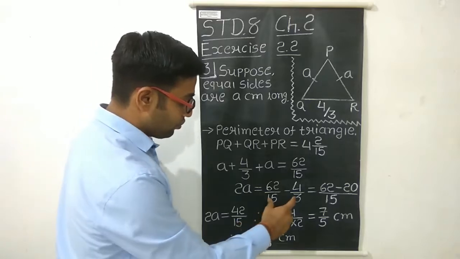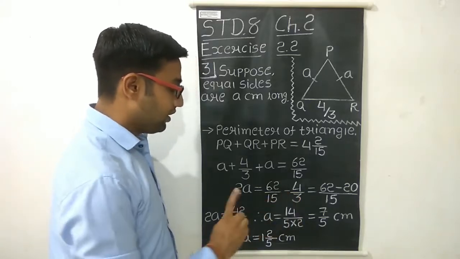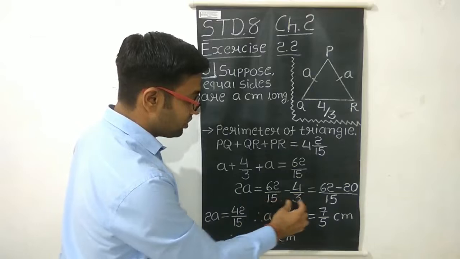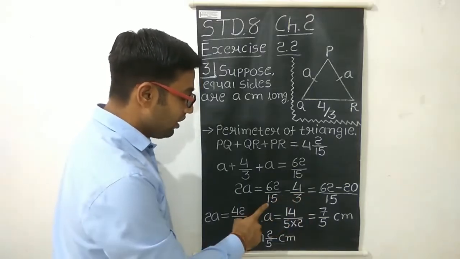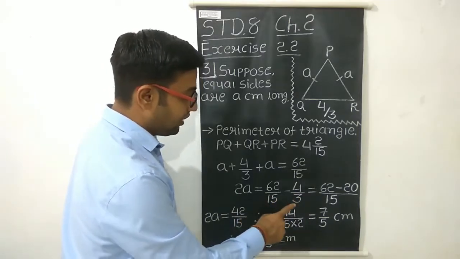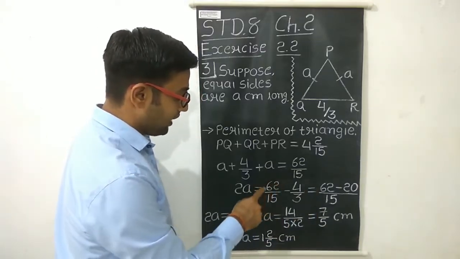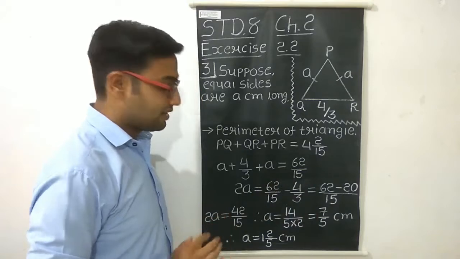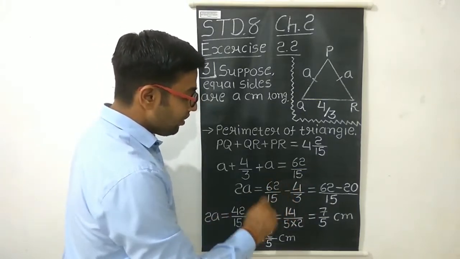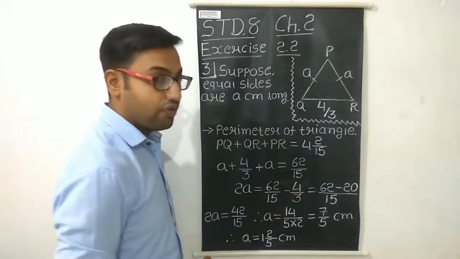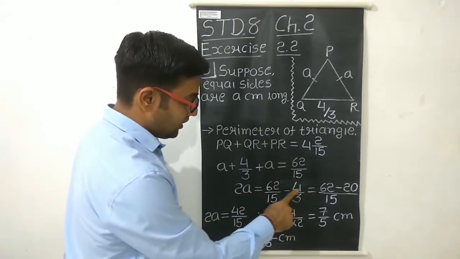Okay. Now to subtract both these numbers, we have to take the LCM of both these denominators. And the LCM of 15 and 3 is 15. So here we do not have to make any change. 62 remains as it is. Here we have to multiply this 4 with 5 because here there is a 3.